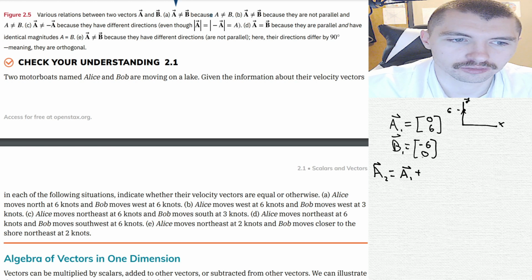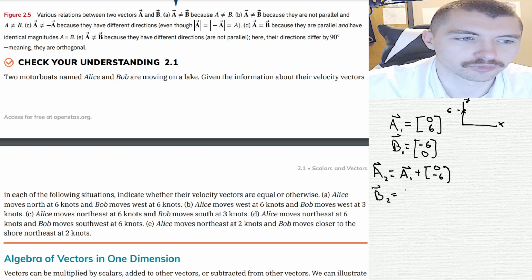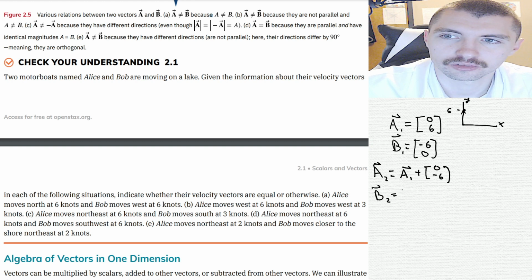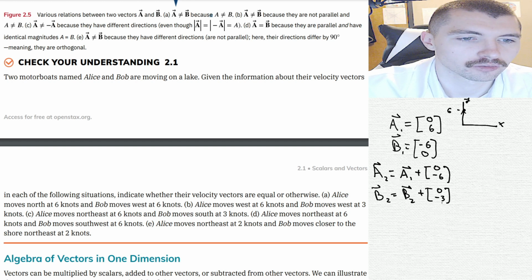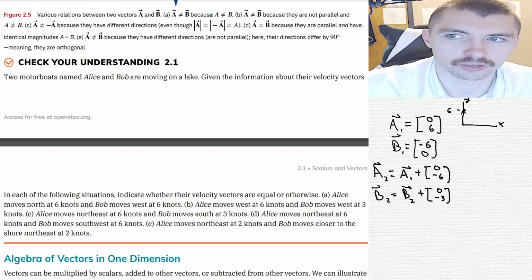Okay, so Alice is going to move west 6. Okay, and Bob moves west 3 knots. All right, northwest, north, west, and then west, west.